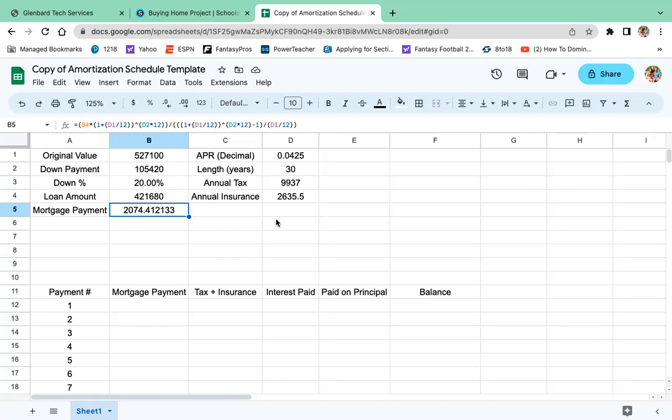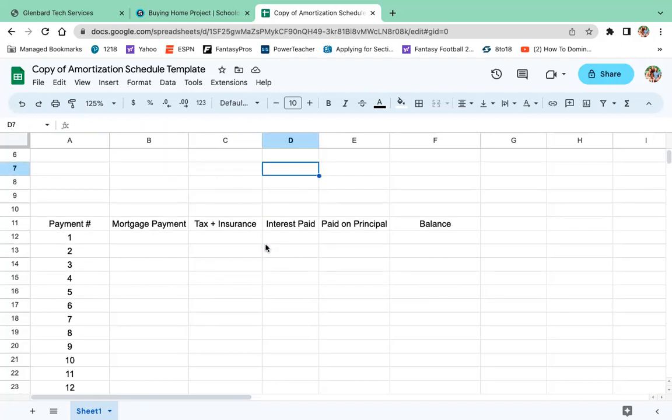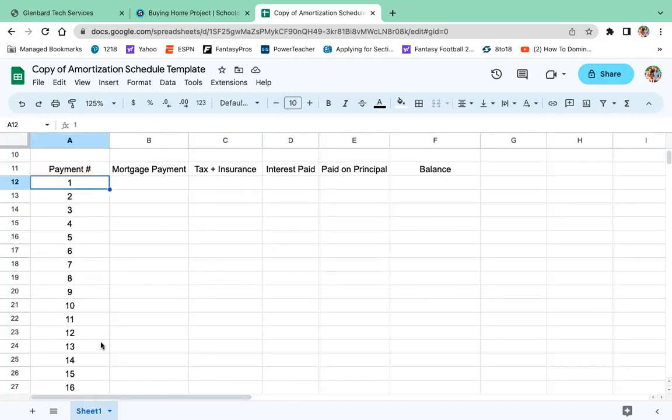Just so you know, it's way easier on a computer to do this particular thing, but you can't do it on the iPad. But I want you to know how I did it so that you can see where all these payments came from. If you go 1, 2, 3, 4, the spreadsheet's smart enough to know the pattern you're doing.